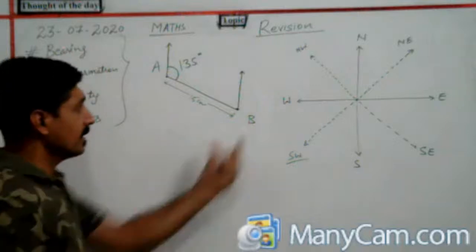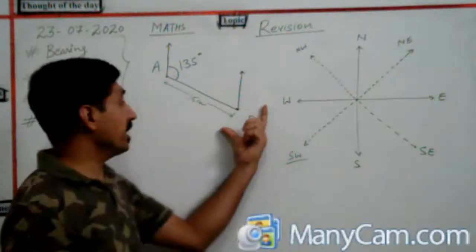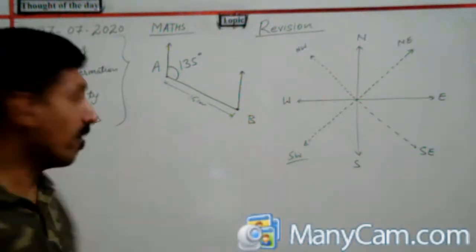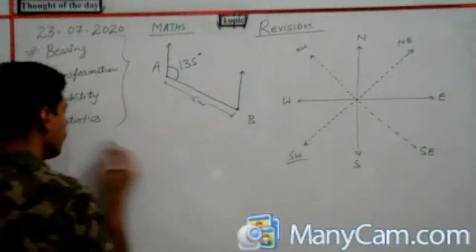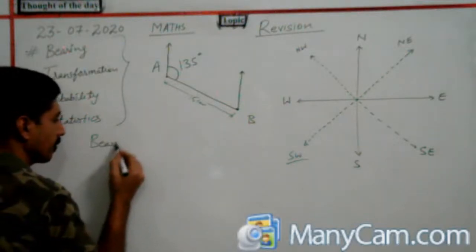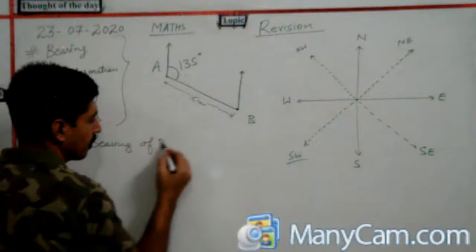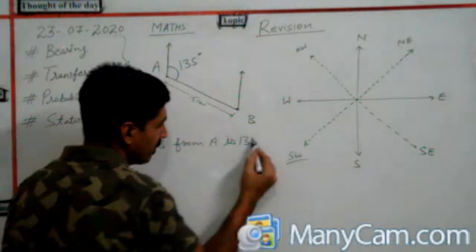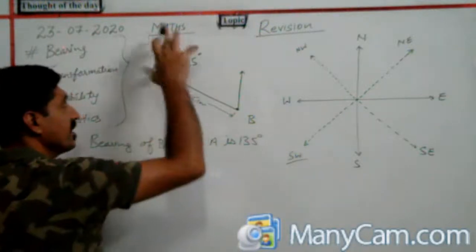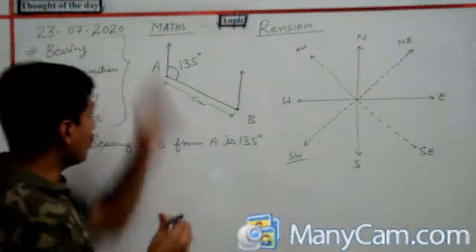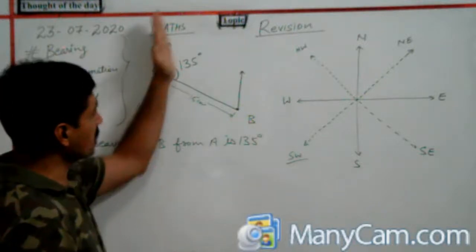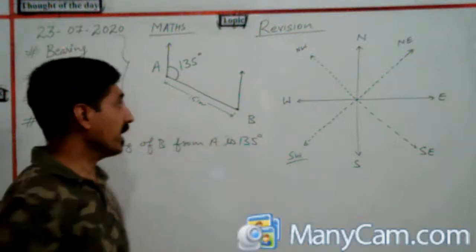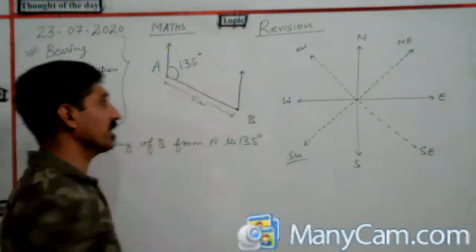So we say the bearing of ship B from A is 135 degrees. This means when we start from A, from the north direction towards B, the angle is 135.